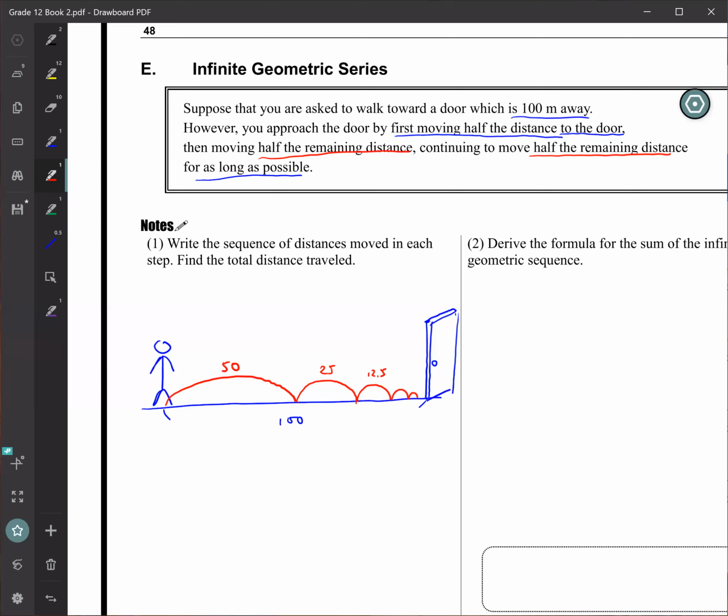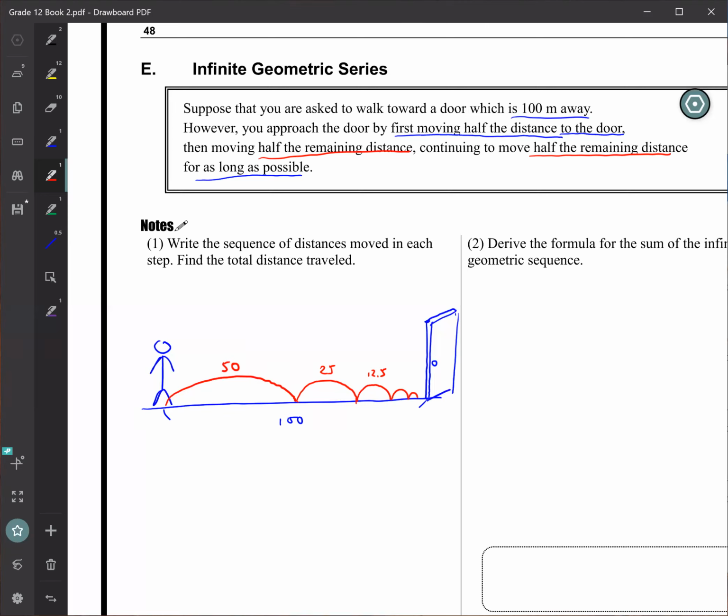because you are very bored, so you keep doing this forever, will you be out of the door? Will you be outside the door? Kelly, what do you think? Like cross the door? Yeah, will you be able to get out of the door? No. No, right? Because there's always a remaining little space, even though it's very tiny, right?